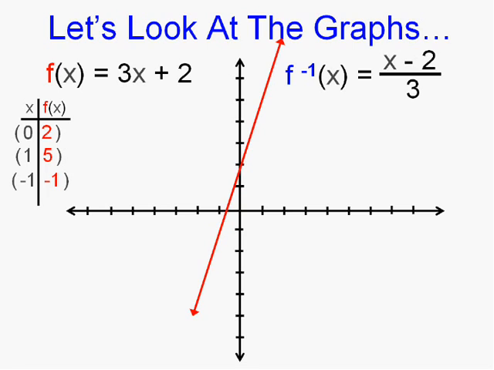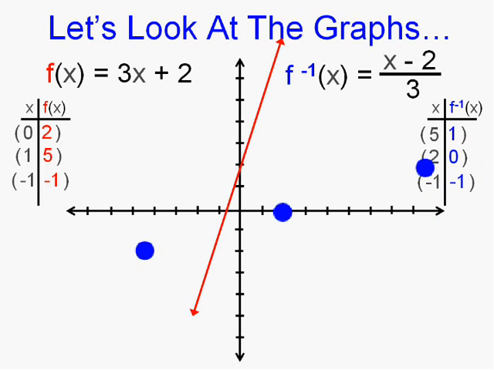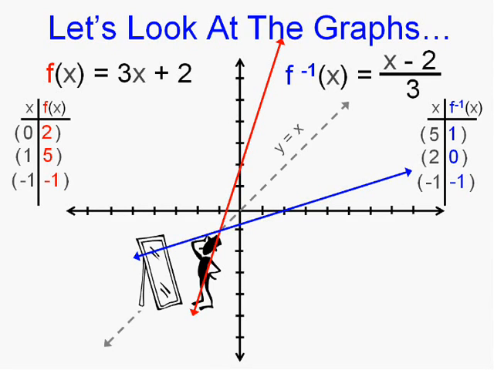Now the inverse function, let me get 3 points for it, and let me graph those points. Looks different. They do line up. And if you draw the line y equals x and fold it on that dotted line, that red would end up on top of that blue.